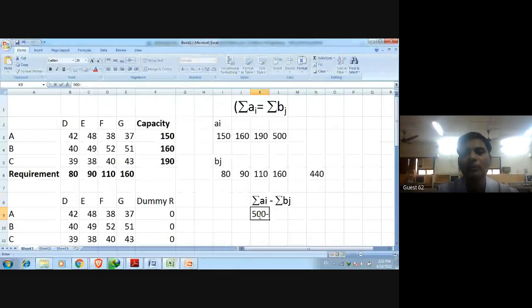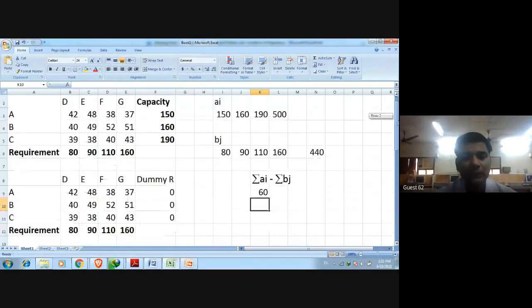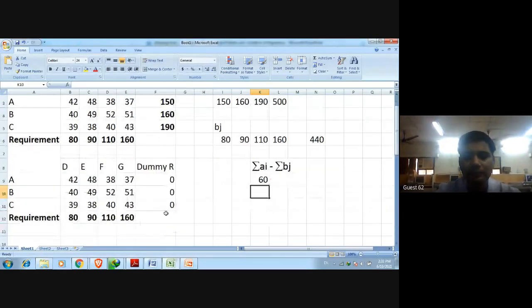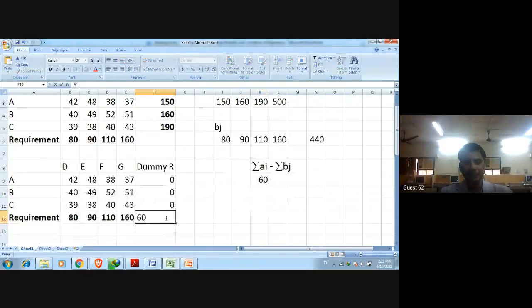So how much will it become? 60. Okay, so 60 is the requirement. So we will add 60 here.